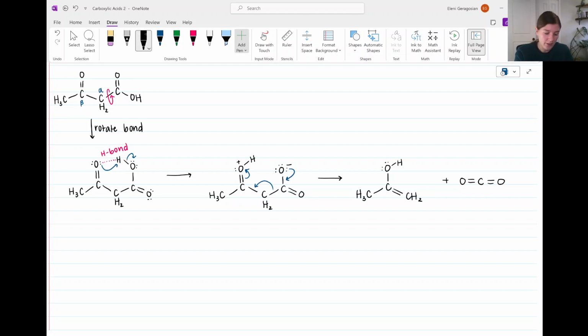And then the other part of the molecule now has become what we call an enol. An enol, en, means we have a carbon to carbon double bond, which we do have in that molecule. And the ol means we have an alcohol or an OH group, which we also have in that molecule. So an enol is when there is one carbon, so this central carbon here, that's double bonded to another carbon and bonded to an OH group.